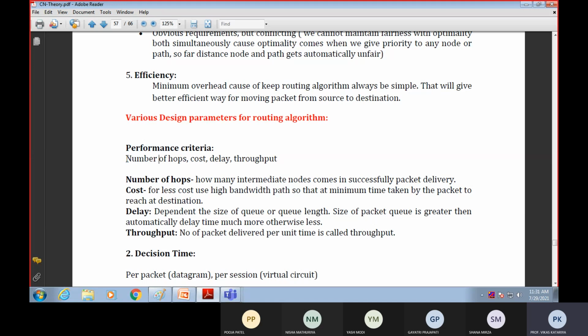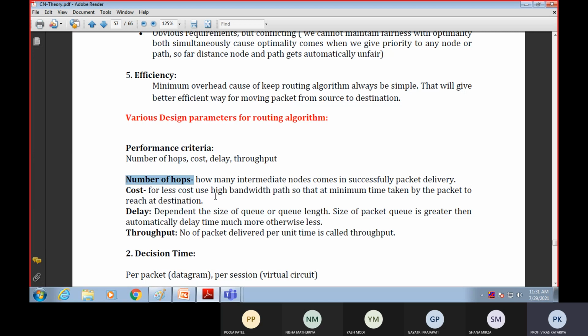It should be calculated on number of hops, cost, delay, and throughput. These four parameters tell us how we can improve the performance, because we want to increase the performance of our routing algorithms. Number of hops means how many intermediate nodes come in successful packet delivery. This is called the number of hops, or number of nodes.